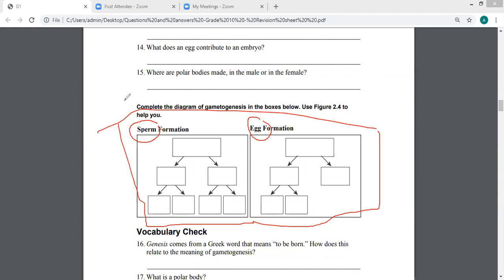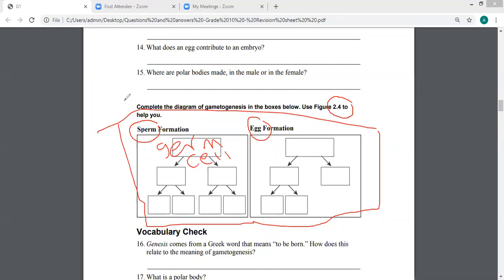What are the steps of the formation of sperm? And you can find this figure in section 6.2, figure 2.4 to help you. This is the formation of sperm, or sperm production. Firstly, we need a germ cell. But is this germ cell diploid or haploid?